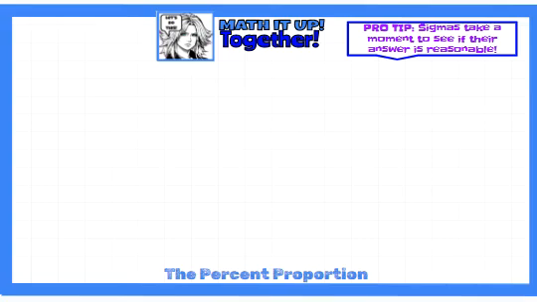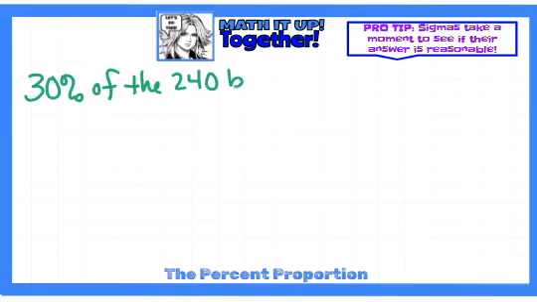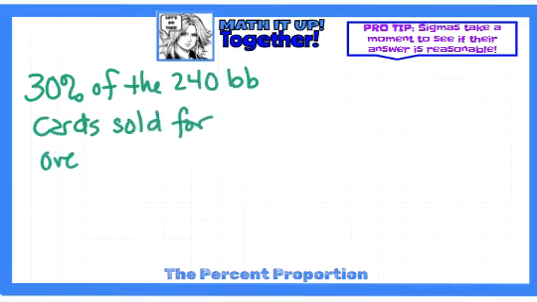So what if we have a word problem? So a word problem can be something like this. 30% of the 240 baseball cards sold for over $100 each.